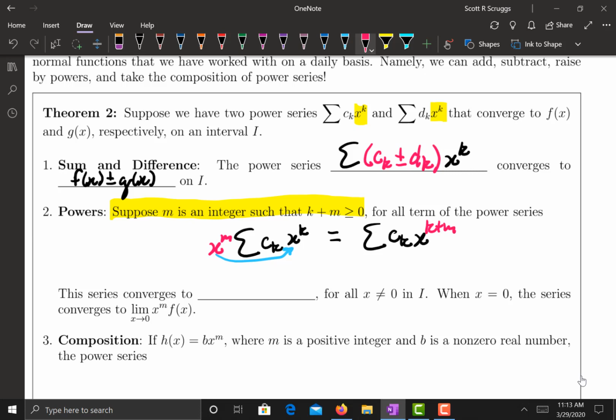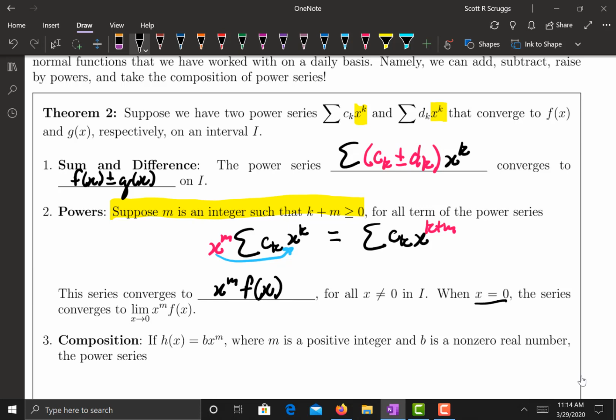If that is the case, because I already know that the power series c of k x raised to the k converges to f of x, I expect this to converge to x to the m power f of x for all x not equal to 0.